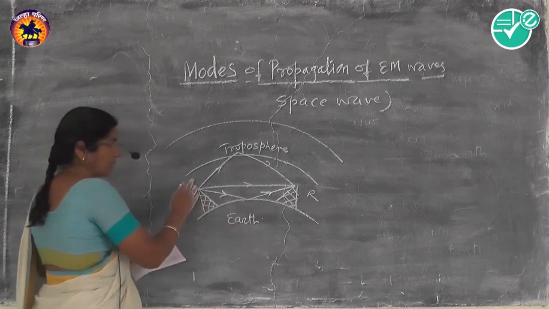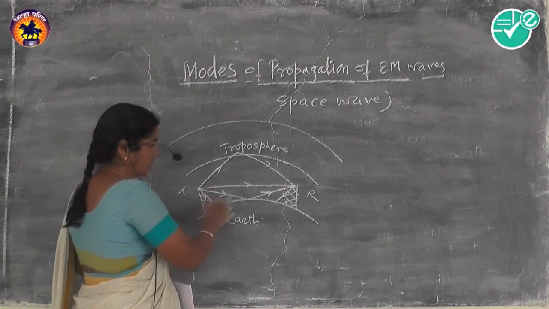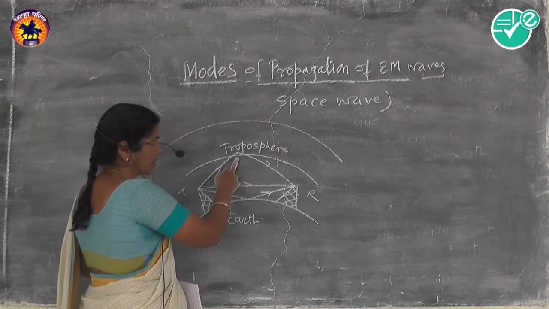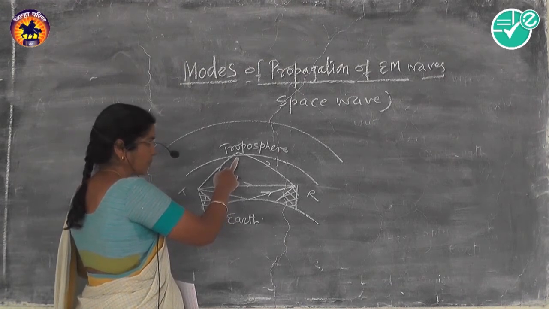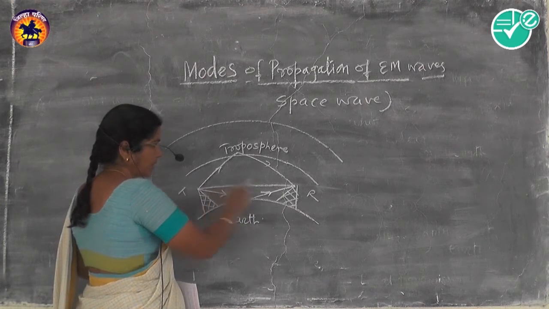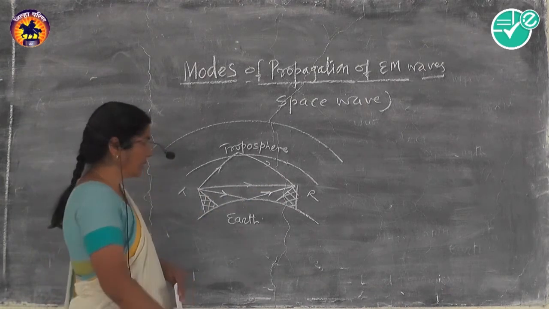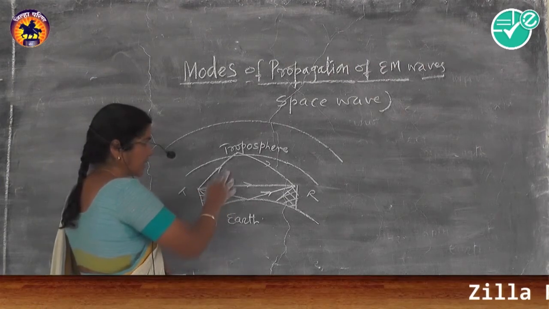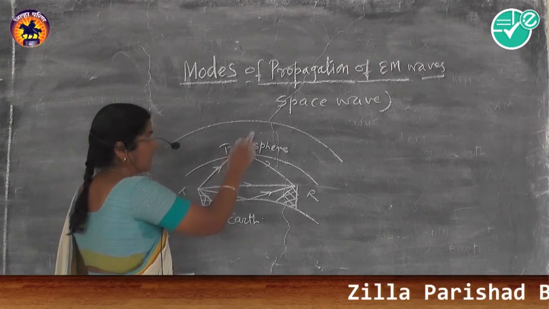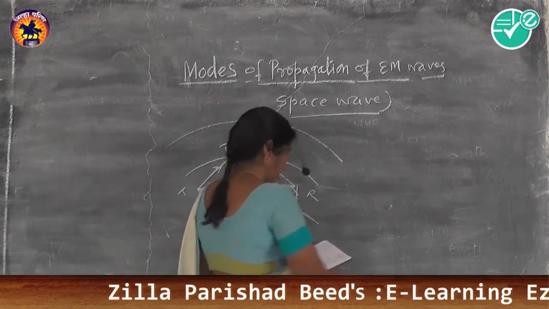So the propagation in which the waves are reflected either from the ground surface or from the tropospheric layer, or travel directly from transmitter to receiver. These three paths are considered in space wave propagation.